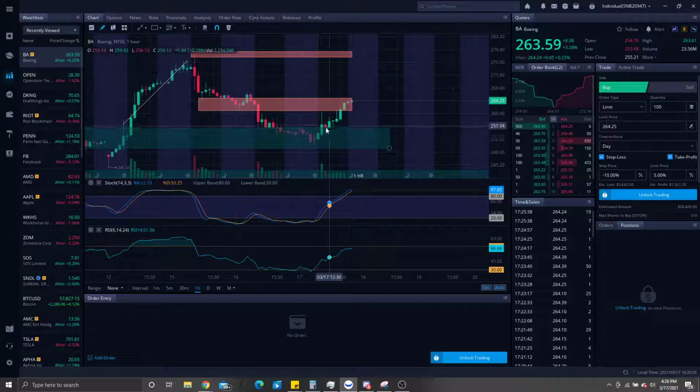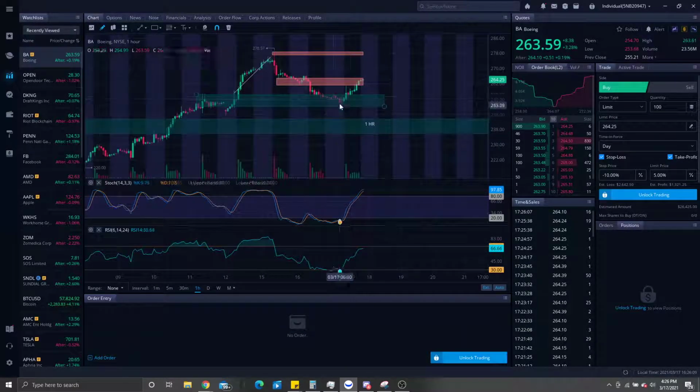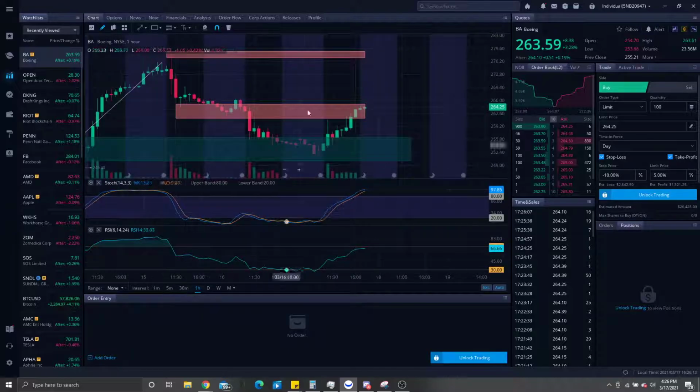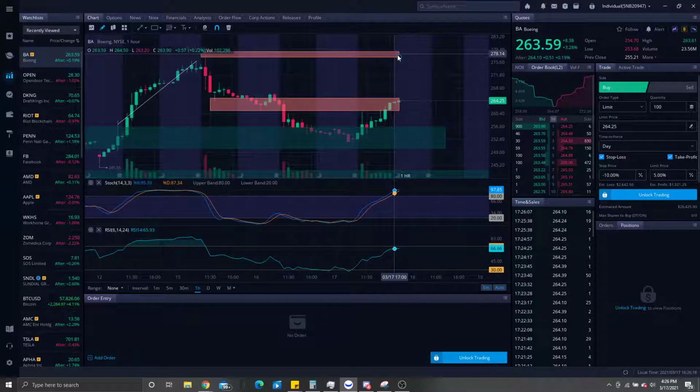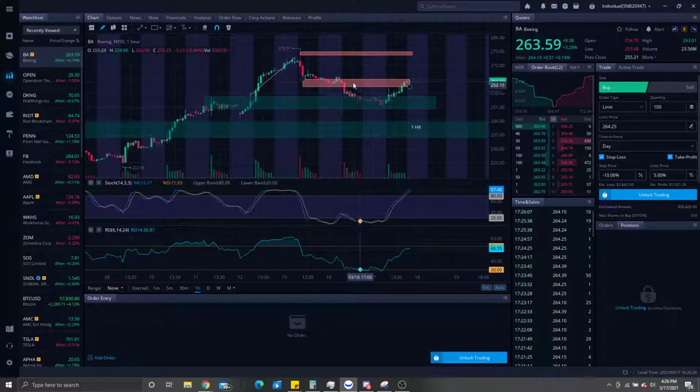So I doubled down right here. If it would have crossed below here, I would have stopped out. But it didn't. Price respected that zone that I drew. And it's now currently in the middle of what I think is going to be a breakout of this area here, probably tomorrow. So this is the daily, or the 1 hour zone. I drew these intraday here.